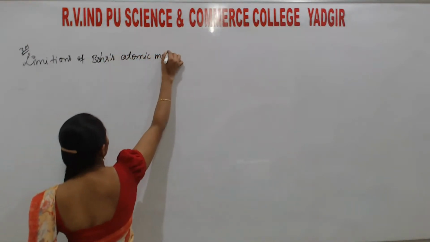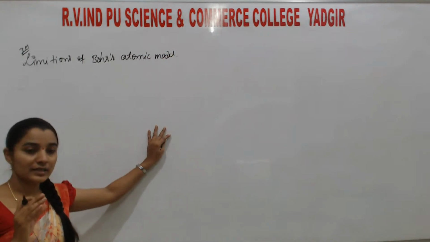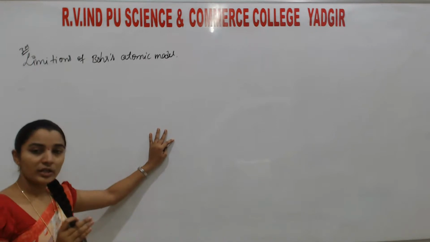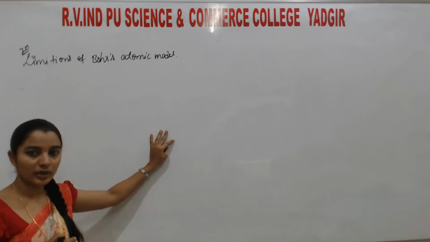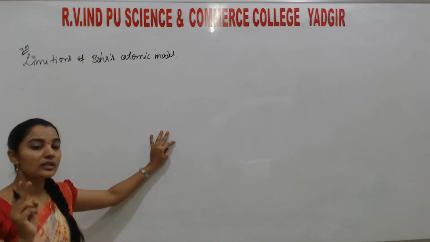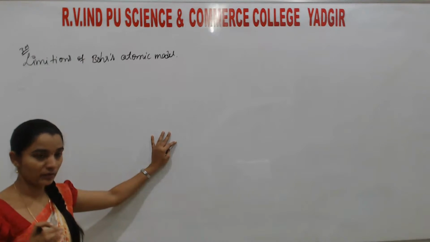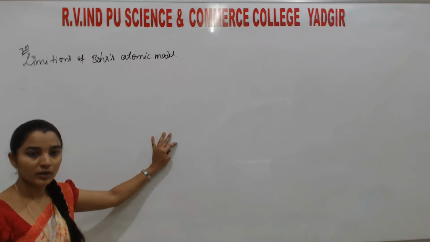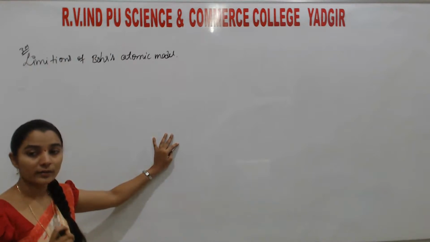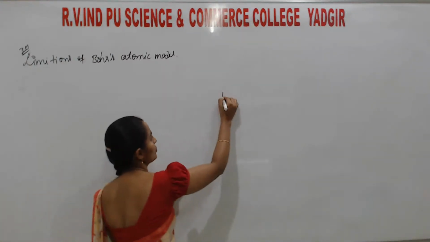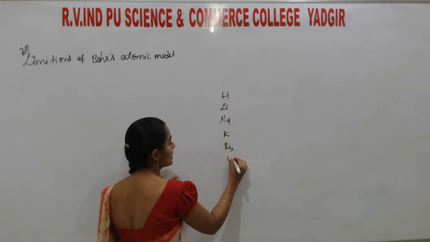Bohr's atomic model. Students, remember, what did he consider? Initially the real nature of the particles: one is the wave nature, another is the particle nature. Second, the spectra obtained is the spectra explained by hydrogen. He considered only single electron atoms like hydrogen, lithium, sodium, potassium, rubidium, cesium.